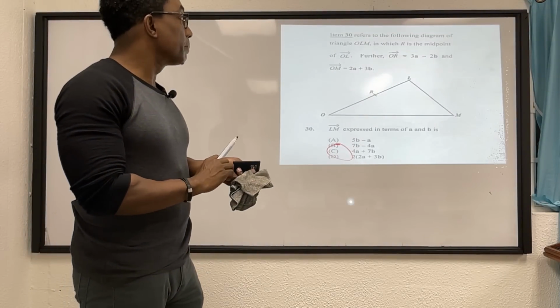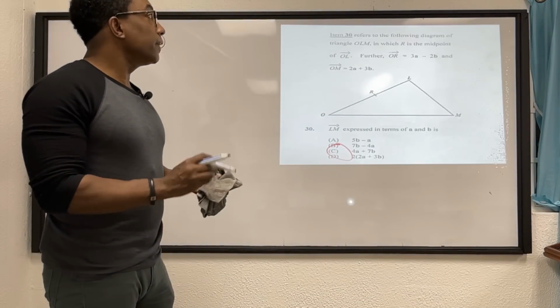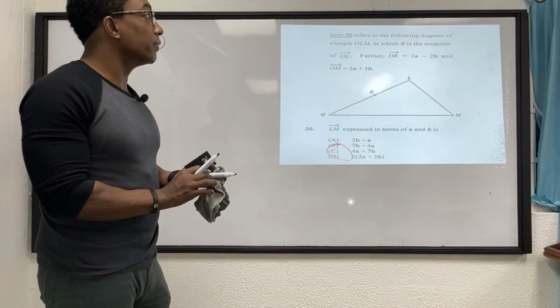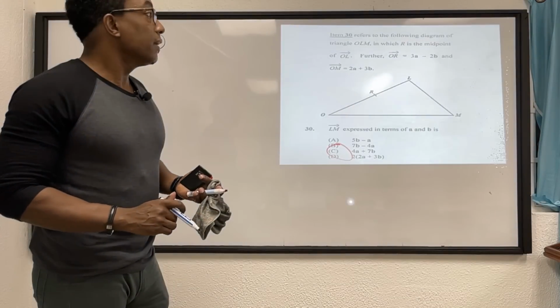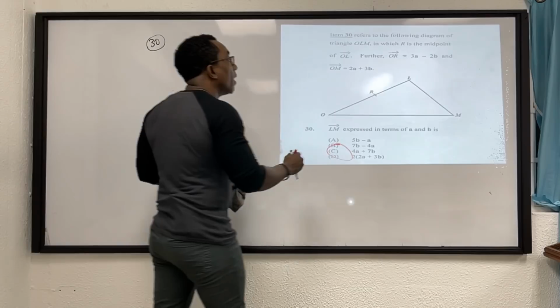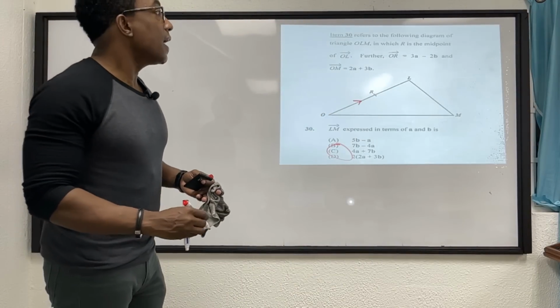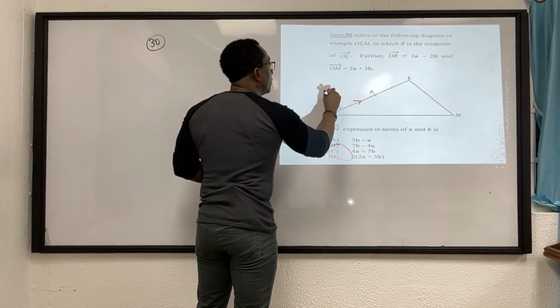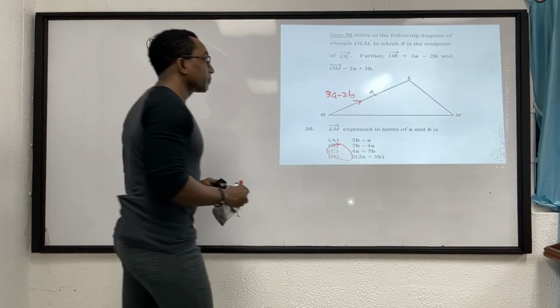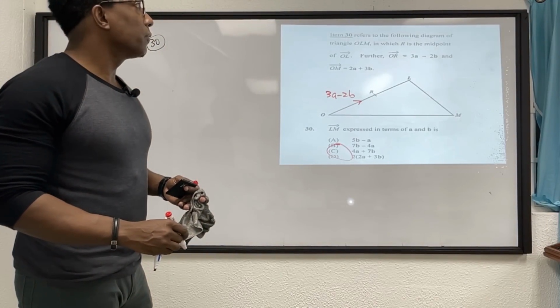We see R here, which is the midpoint of OL. Further, OR, now all vector quantities will have magnitude and direction. So the arrow will indicate the direction, and the magnitude is 3a minus 2b. That's the magnitude and of course direction of the vector OR.